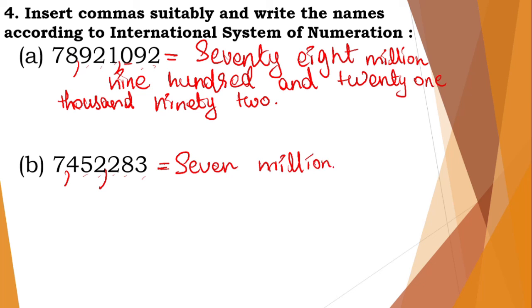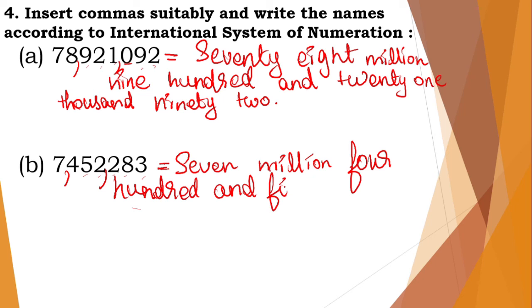Now after 7 million we have 452. So 452. Now we should check the digits. So we have 1, 2, 3. We have 3 digits and 3 zeros we have in 1000.